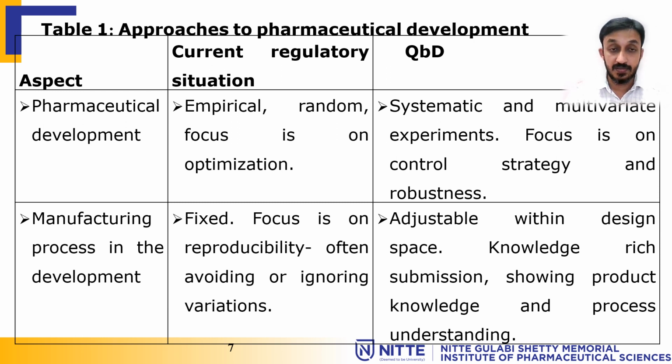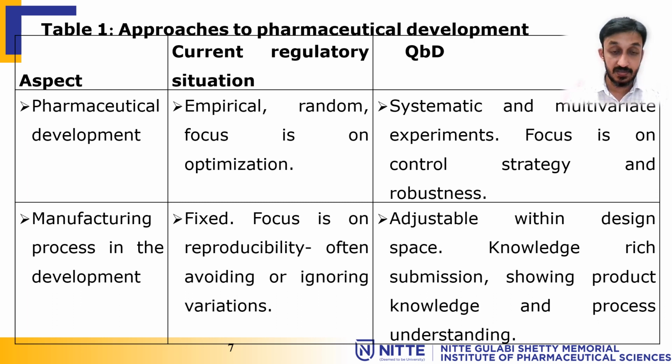There is a table that compares the approaches to pharmaceutical development. We look into pharmaceutical development. Current situation and regulatory situation is empirical, random, and focuses more on optimizing the formula. Whereas QbD is a systematic multivariate experiment and focuses on control strategy and robustness.